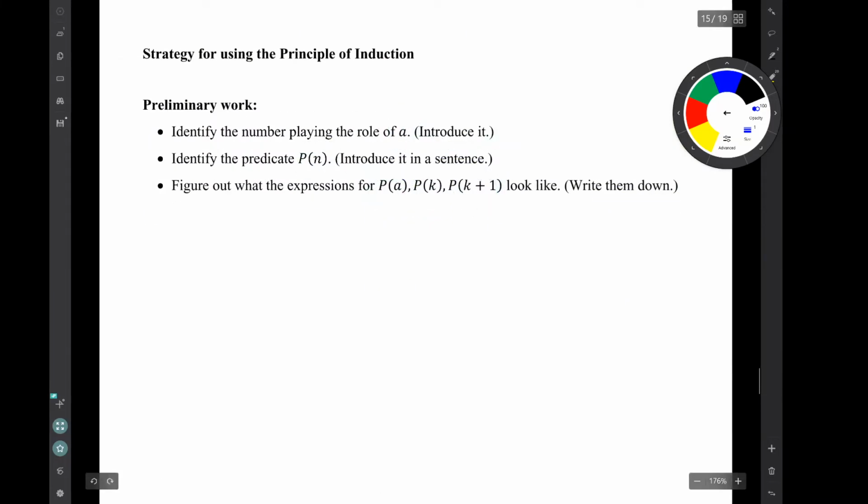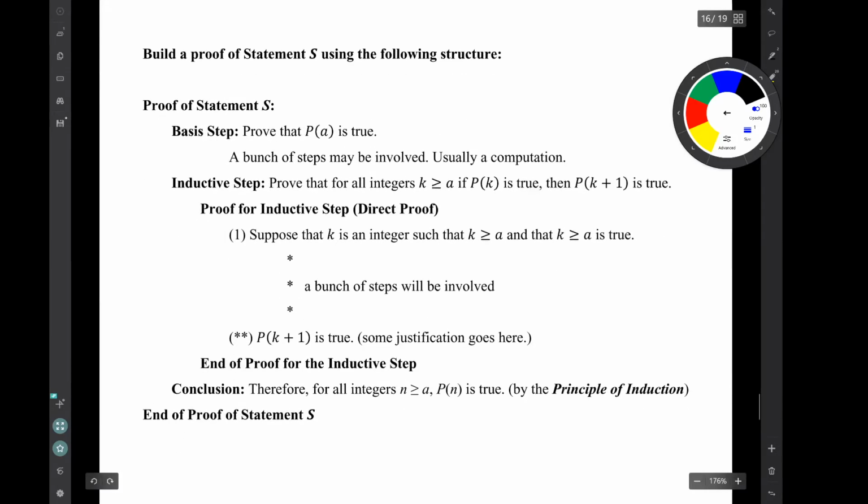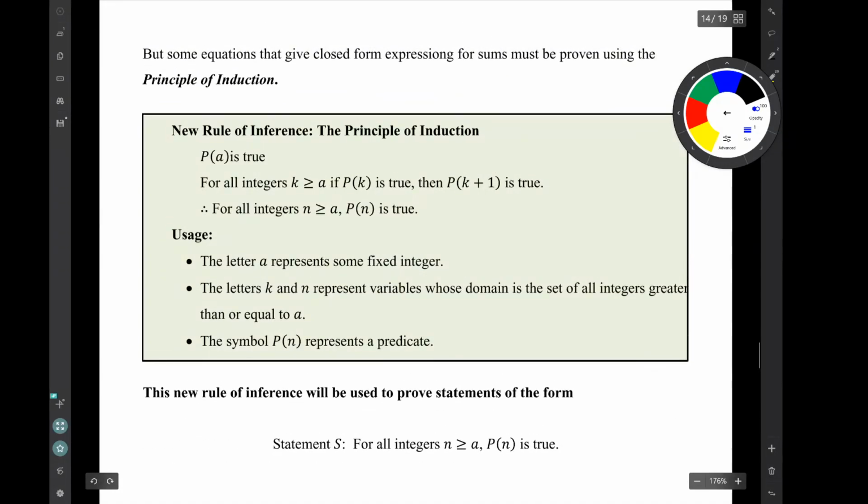Now, once we have that preliminary work done, what do we do next? Well, we have to build a proof using the structure that's specified by that rule of inference. Let's go back up and look at the structure. This rule of inference has two hypotheses. One is P(a) is true, and the other hypothesis is this great big statement.